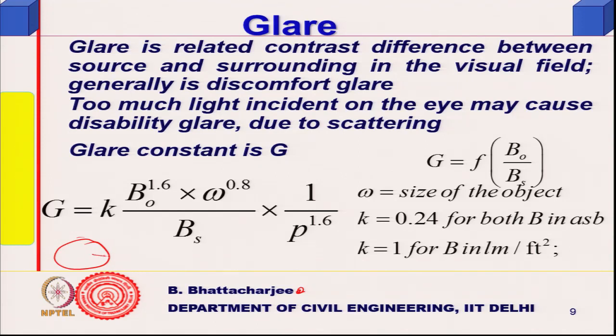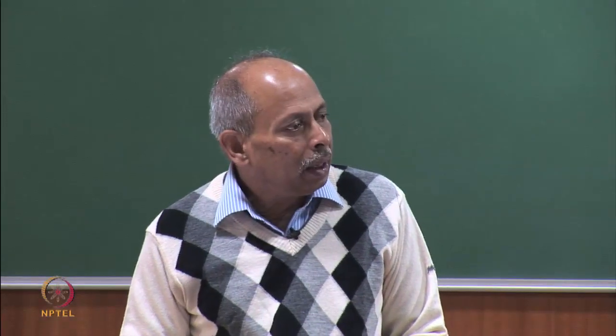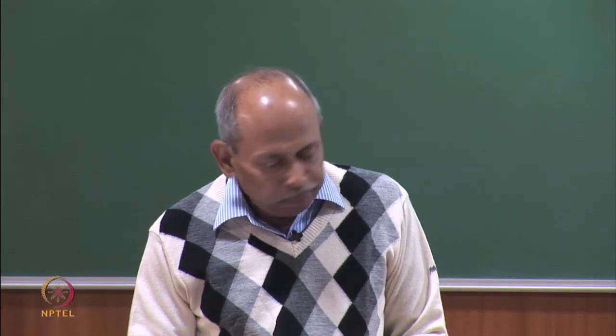So, if I draw a normal one, size of the object will be given by pi r square, right, and brightness also.